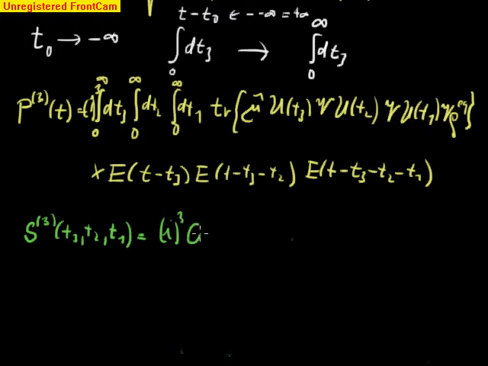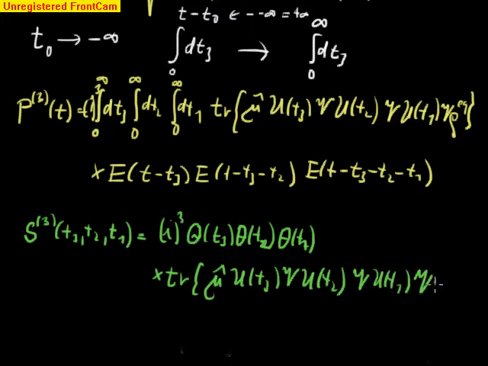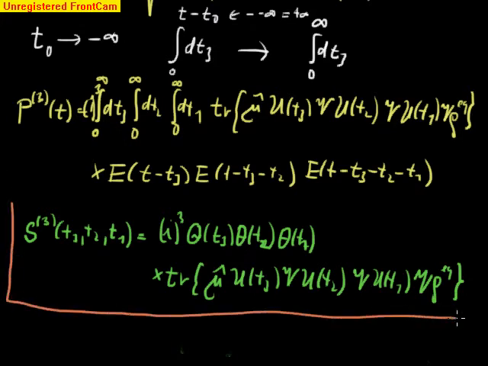So we also insert Heaviside step functions here in t3, t2 and t1, and only after them we have this trace over mu U(t3) V U(t2) V U(t1) V rho equilibrium and close. So this is the response function.